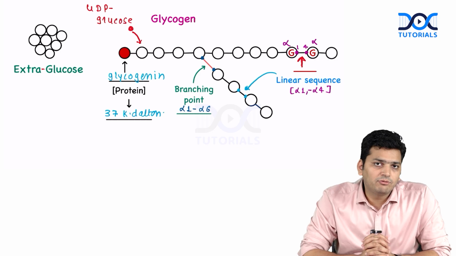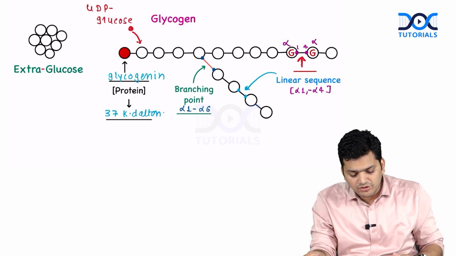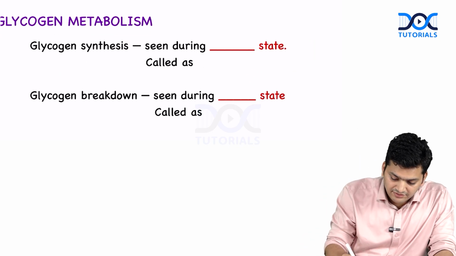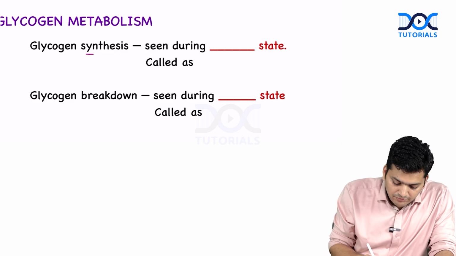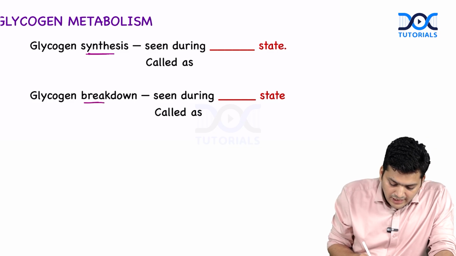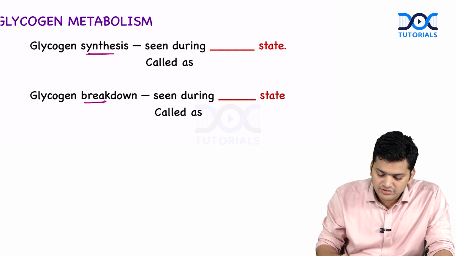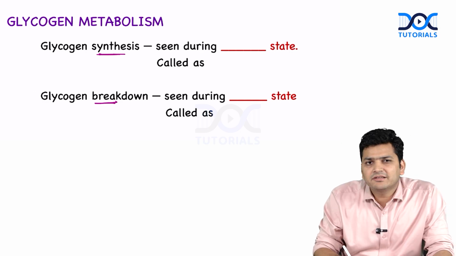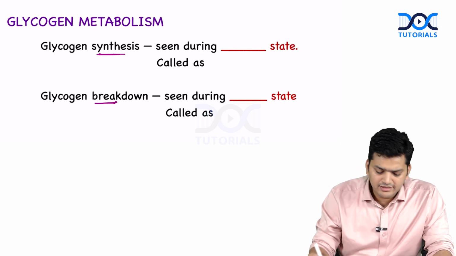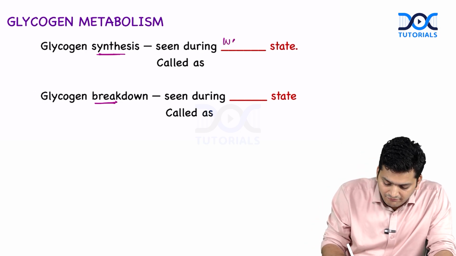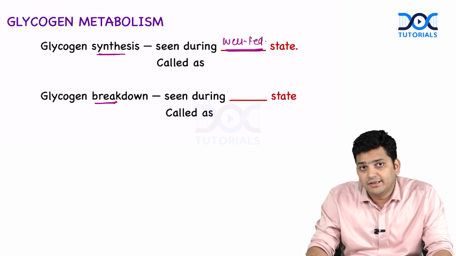So when it comes to glycogen metabolism, we have to discuss two pathways: glycogen synthesis and glycogen breakdown. Does glycogen synthesis occur in the fasting state or the well-fed state? Yes, glycogen synthesis will occur in the well-fed state. When you have extra glucose in the fed state, you will make glycogen.